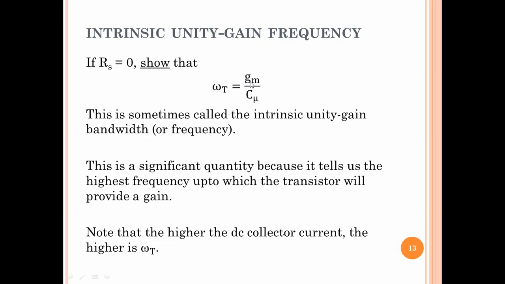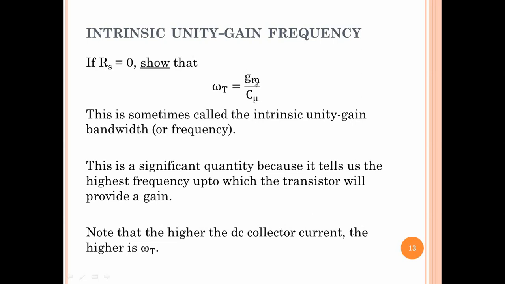And the DC collector current being larger implies that the DC power consumption of that circuit is larger. I may have mentioned this last semester, this is a fundamental property of all electronic circuits, that if we want higher speed, we must dissipate more power.